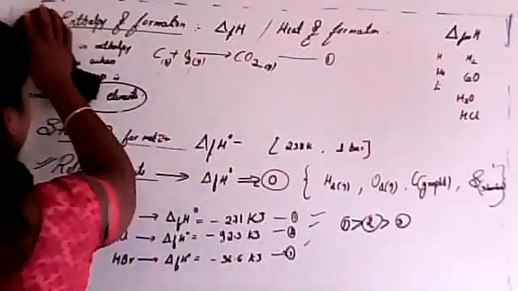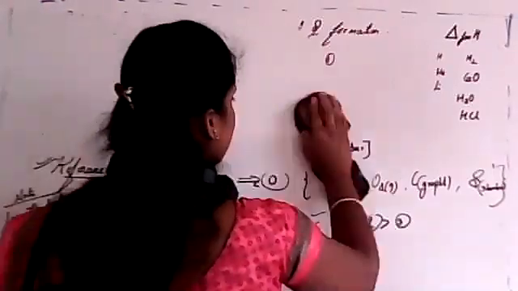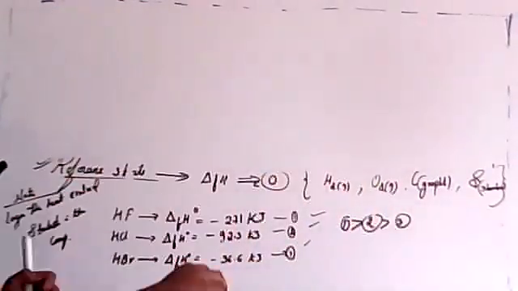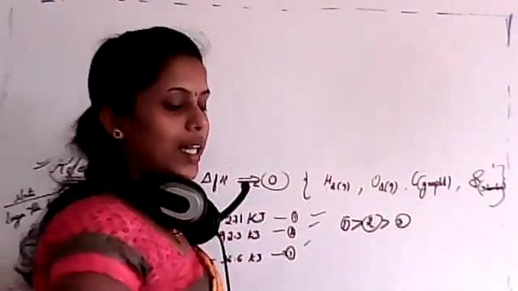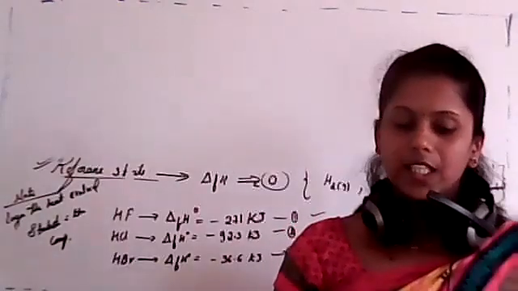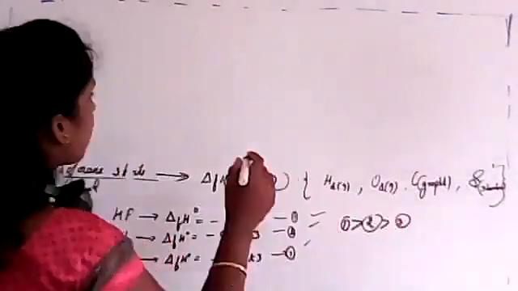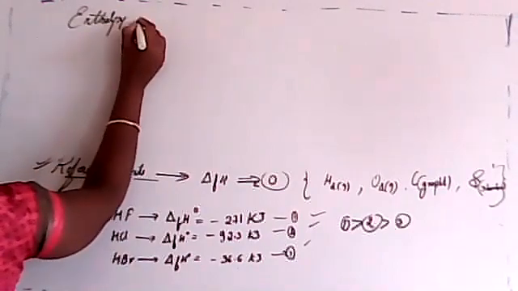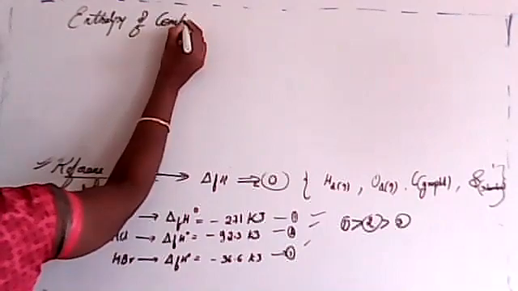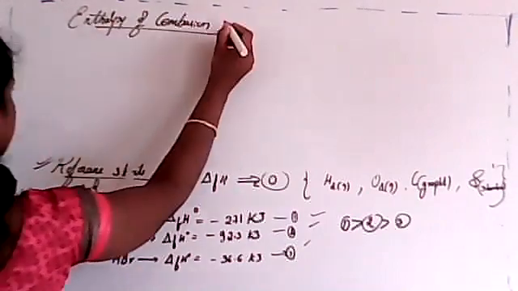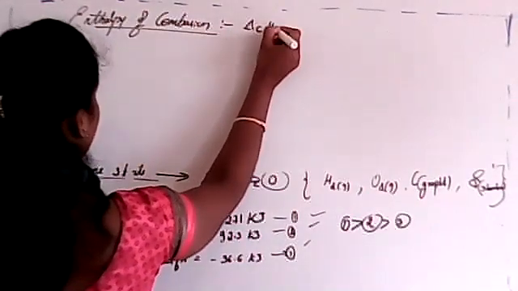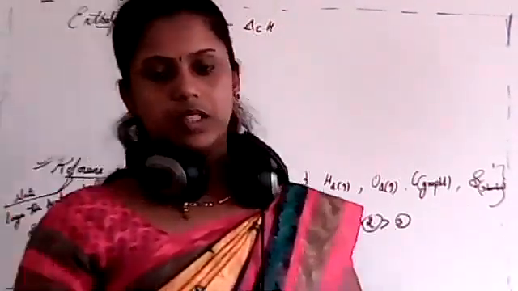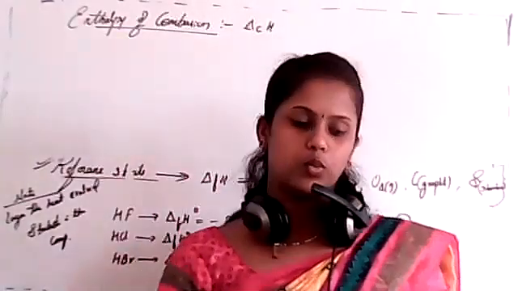Okay, next one. The first one, heat of formation or enthalpy of formation, is completed. So the next one is enthalpy of combustion, delta C H naught, or simply I'll consider it as H. What is combustion, student?